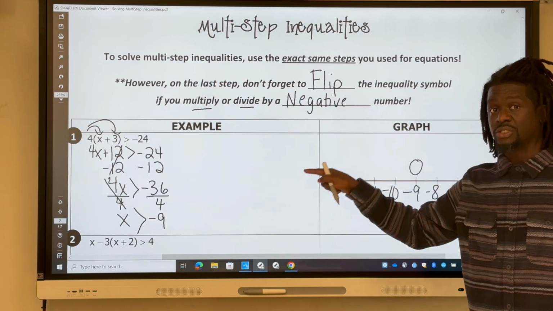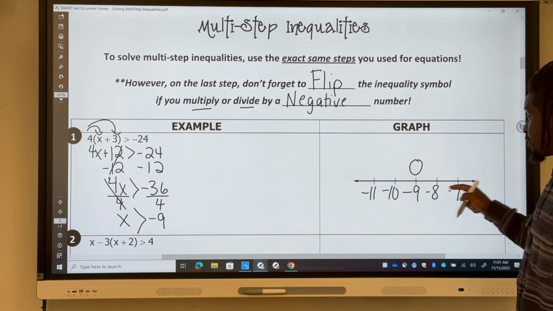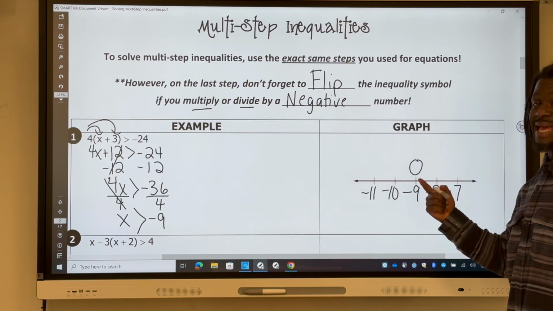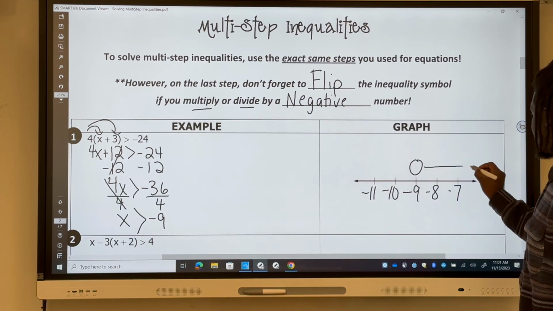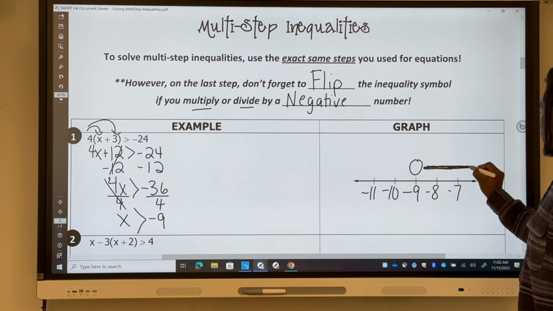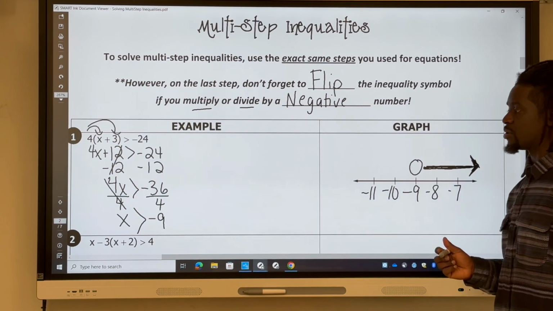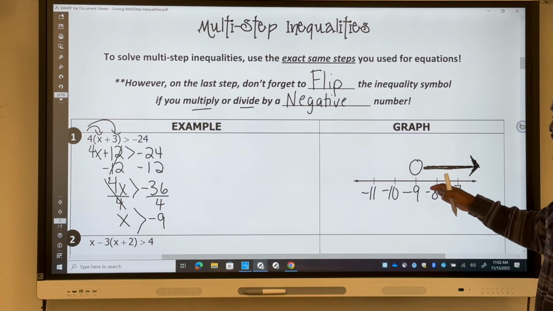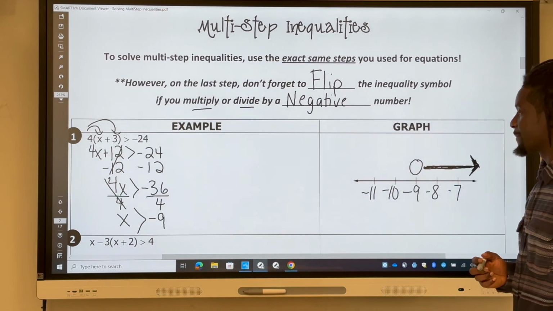So saying x is greater than negative 9, which direction would make that true? Which numbers are greater? It is the numbers to the right. And that is because when you're dealing with negative numbers, it is the numbers that are closer to 0 which are the greater numbers. So this says negative 8, negative 7, and everything to the right.